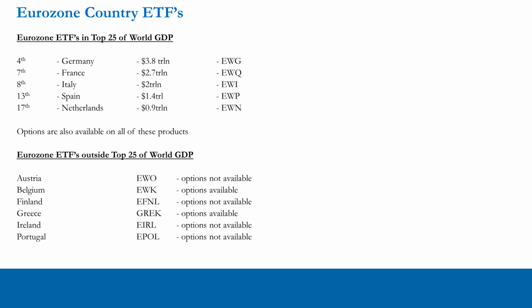But it just means in places where you don't have options available, you're just forced to trade the underlying product, the ETF itself. So you can't get much more leveraged positions on for the directional bias that you have for these countries.